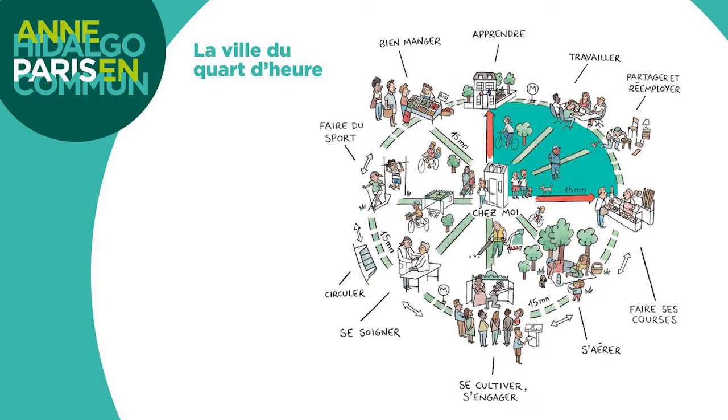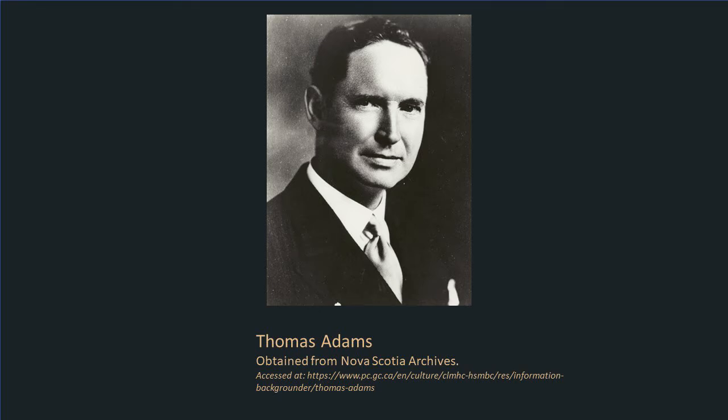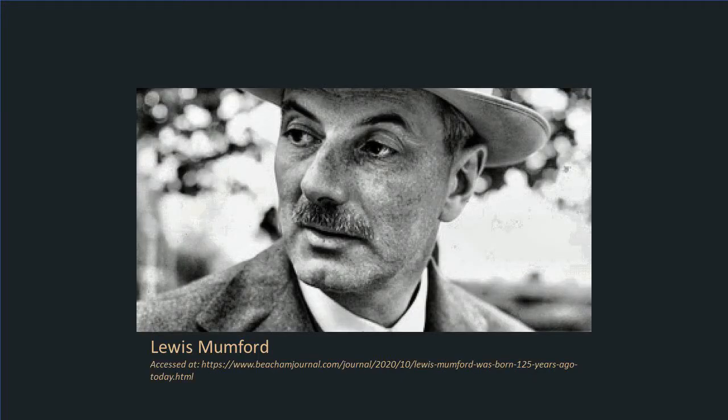Back in the early 1900s, people still loved to take great ideas from other countries and implement them if they made sense. And so in North America, people like Ebenezer Howard and Patrick Geddes influenced folks in Canada like Thomas Adams, or actually, Thomas Adams was a Brit who came to Canada and brought those ideas. And in the US, especially, Lewis Mumford was a big champion of some of these ideas.